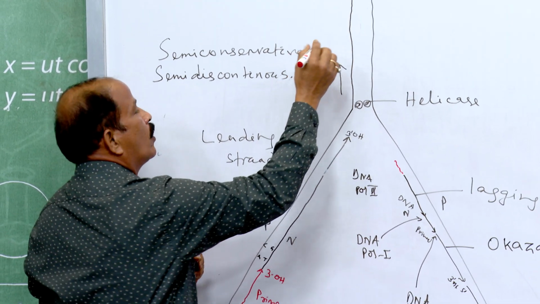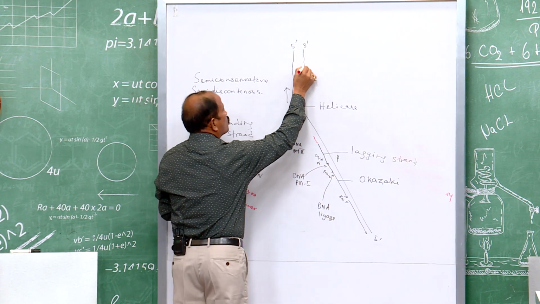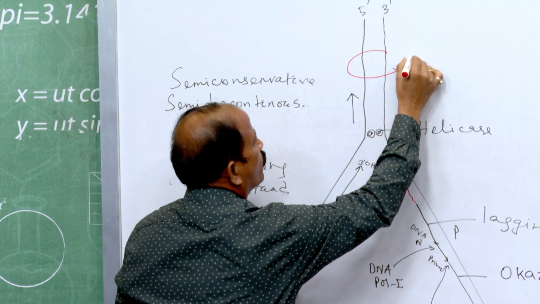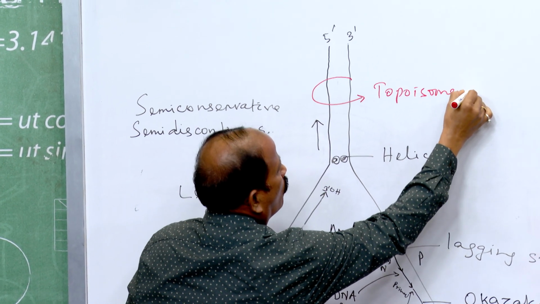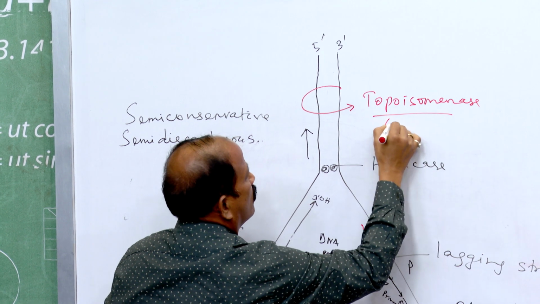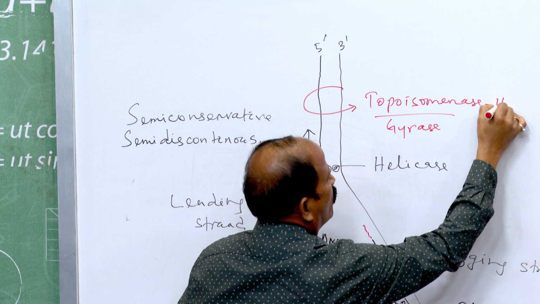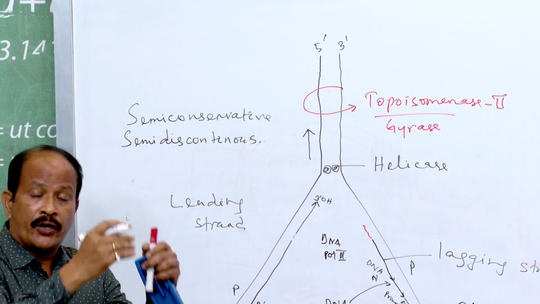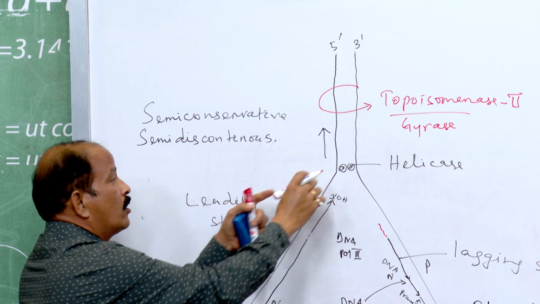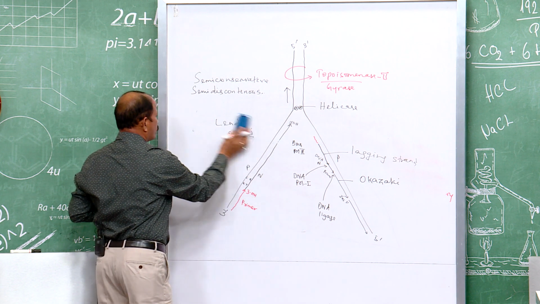So, the tangling is removed by the action of the enzyme topoisomerase 2, or gyrase, which removes the supercoils created ahead, so that the fork can move.